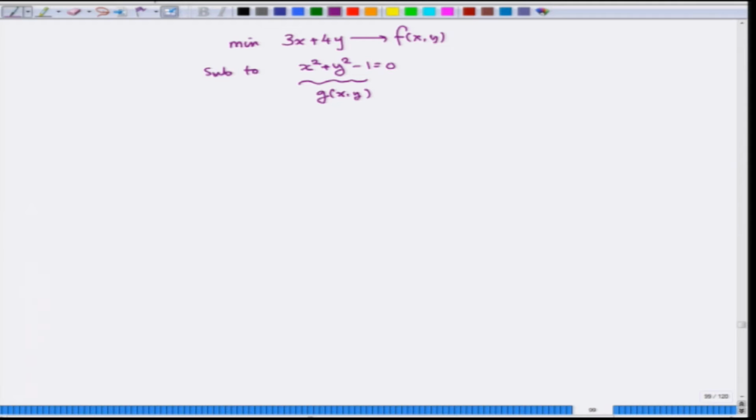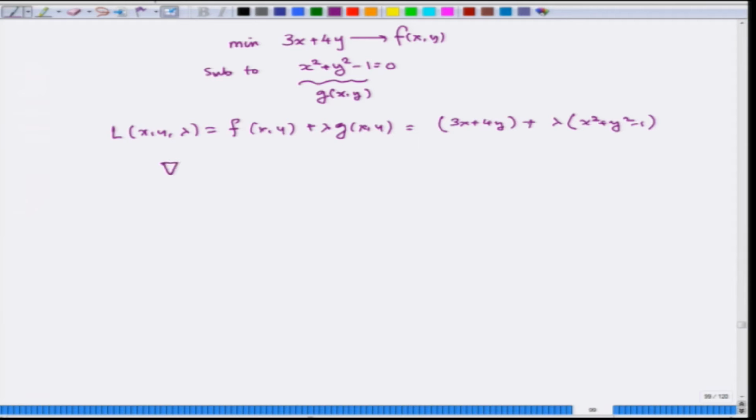So, I construct the Lagrangian function f(x, y) plus lambda g(x, y) is equal to 3x plus 4y plus lambda times x square plus y square minus 1.